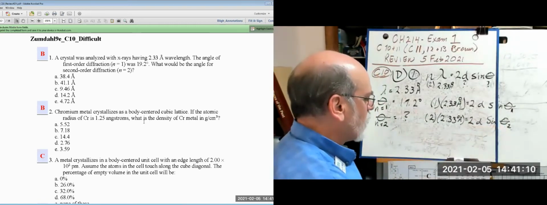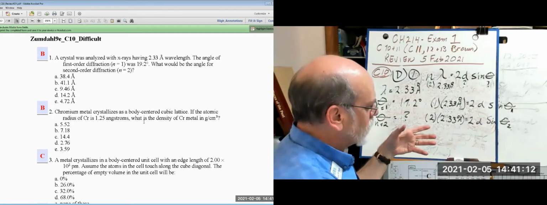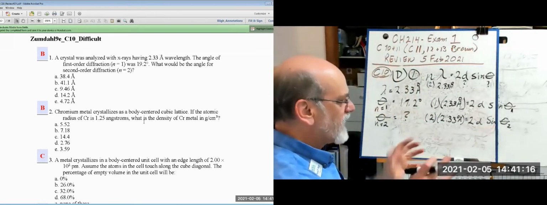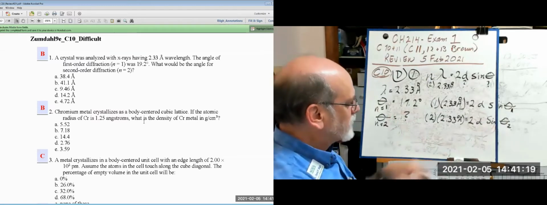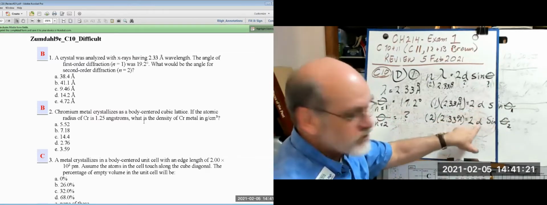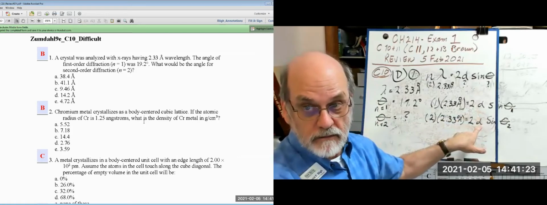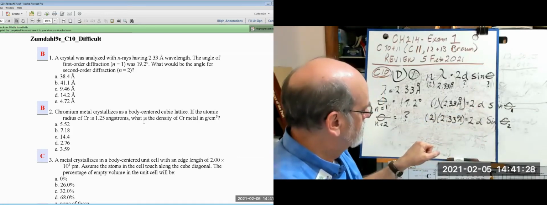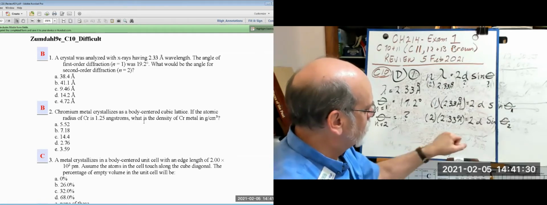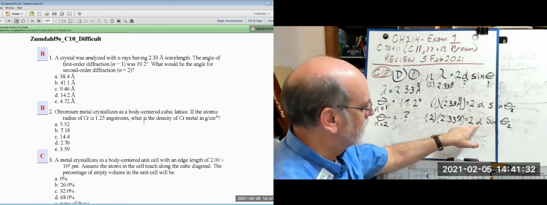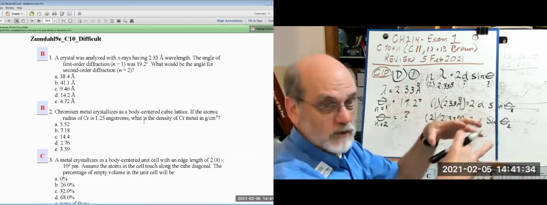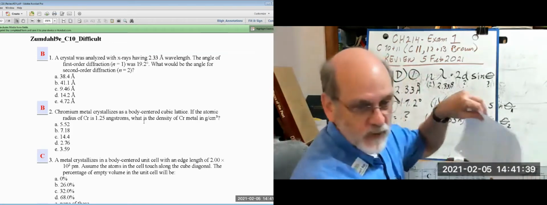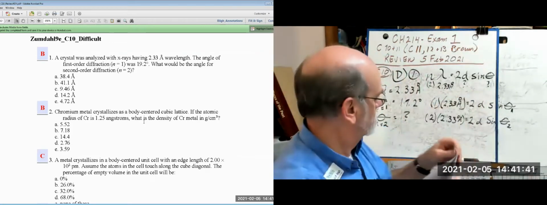Okay, so can we combine those equations so that we can solve for this one? Well, what do they have in common? What they have in common is the two d's are equal. So if we solve this one for d, and then we solve this one for d and substitute and make those equal to one another, then perhaps we can solve for the theta.